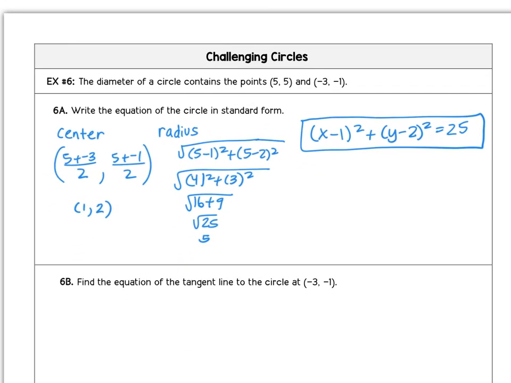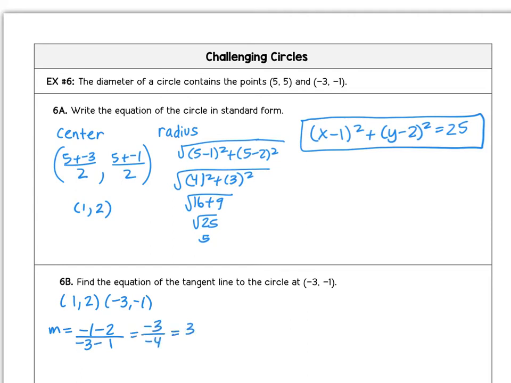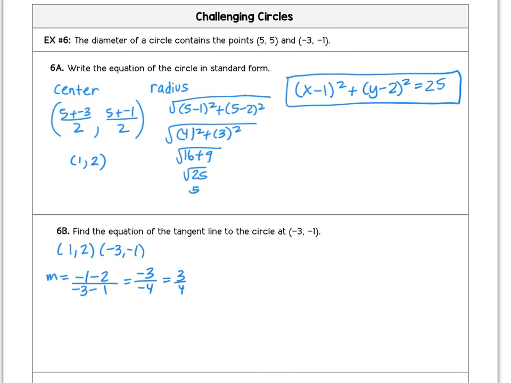Okay, so part B, find the equation of the tangent line at that point. So I have the center, which is 1, 2, and I have this point, so I've got to find the slope. -3 over -4, so it's 3/4. And that means my perpendicular m would be -4/3.